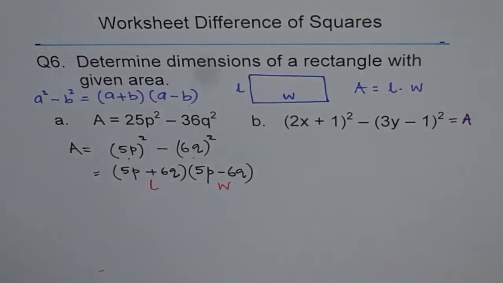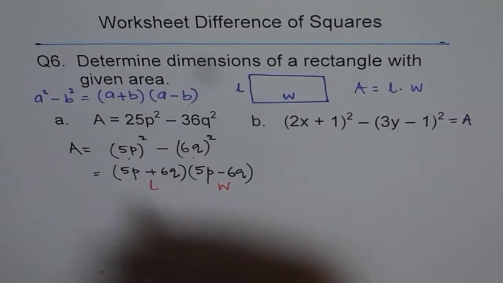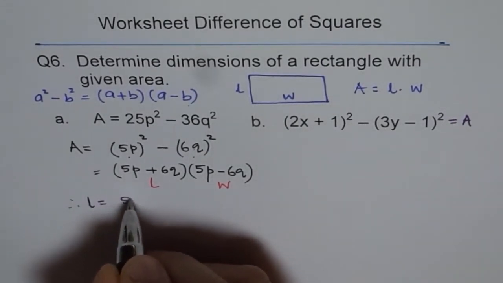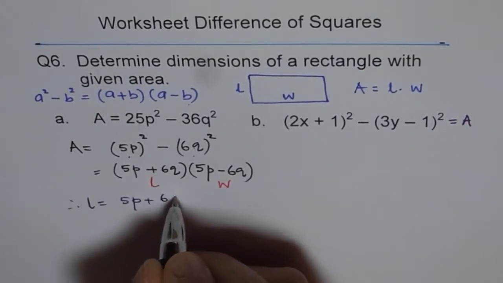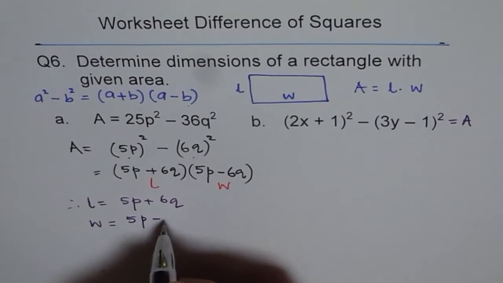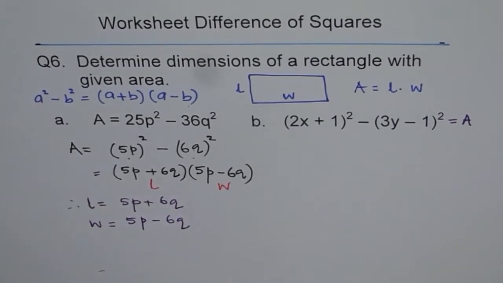Either way it works, correct? Now P and Q could be any number, right? So we can say from here, therefore length is equals to 5p plus 6q and width is equals to 5p minus 6q. Okay? So that is how we solve these kinds of questions. It's simple factoring of difference of squares.